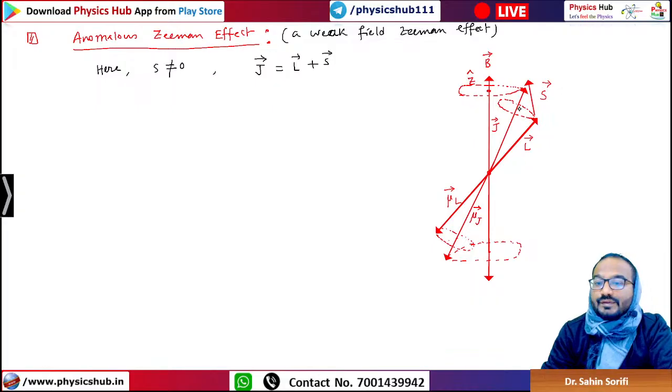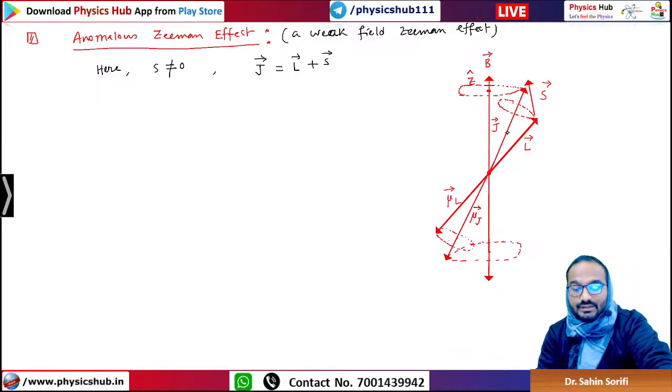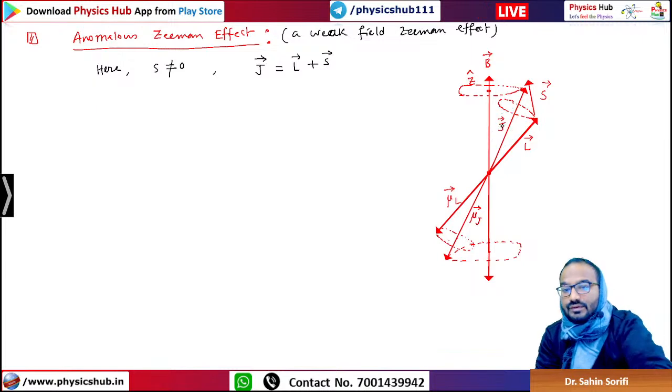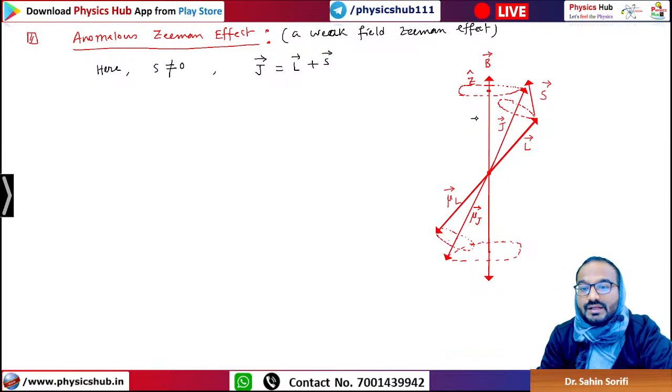Okay, so this is the component of J. Now J will have its component along the magnetic field direction, that is Jz.